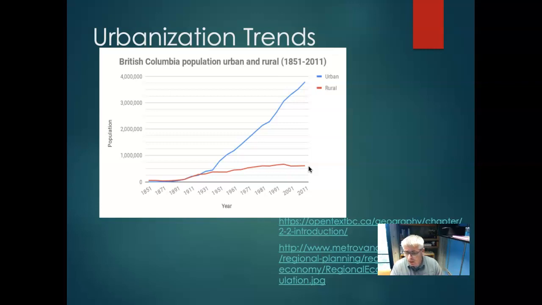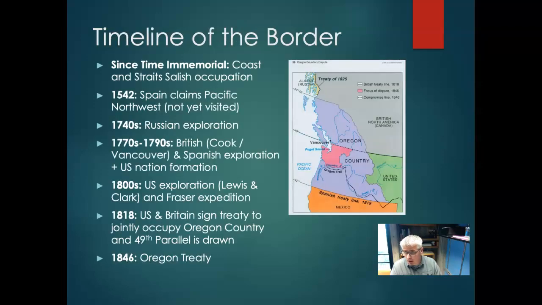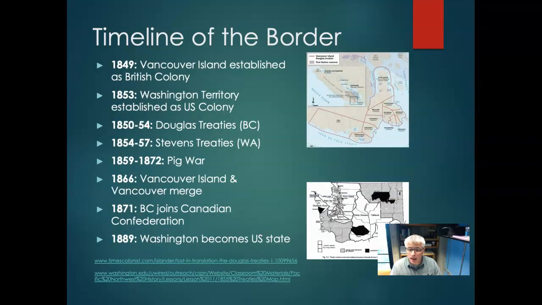And so the key take-homes from this lecture are going to be some terms to understand, a bit about the timeline. I'm not going to ask specific dates, but just being familiar with the timeline. And that also helps prepare for the timeline assignment that's due in the following week.